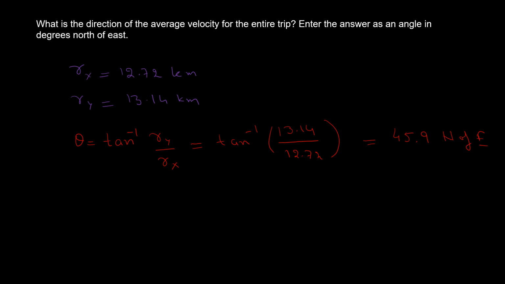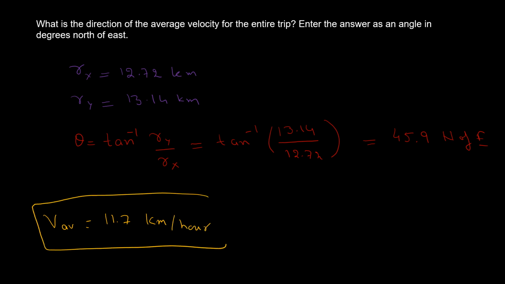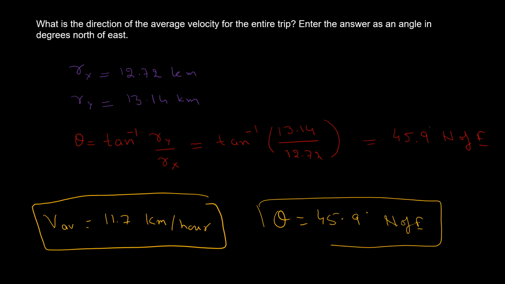So the V average we calculated was 11.7 kilometers per hour, and the theta for this case is 45.9° north of east. That is the theta value. Thank you.